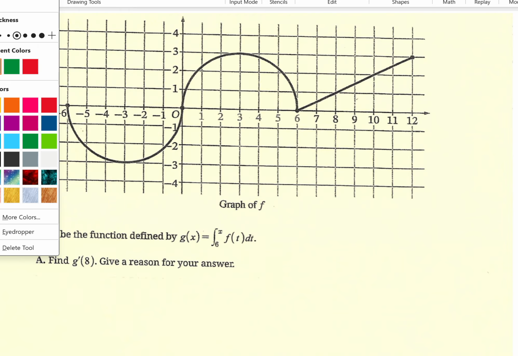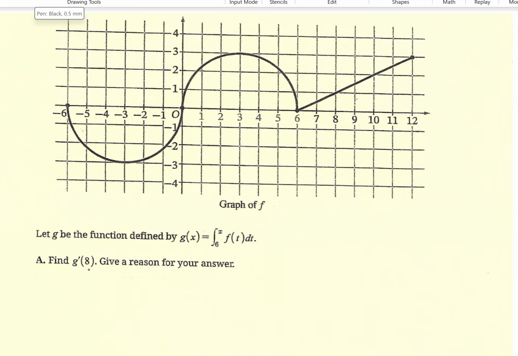In part A, we're asked to find g prime of x and to give a reason for our answer. Well, if g of x is the integral from 6 to x of f of t dt, they're asking for the derivative of g. So I need to take the derivative of both sides.